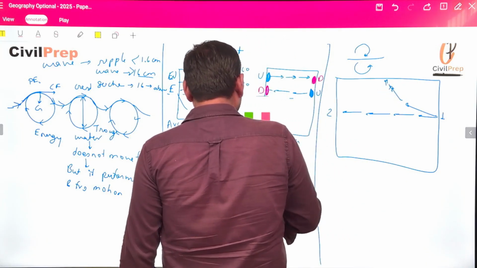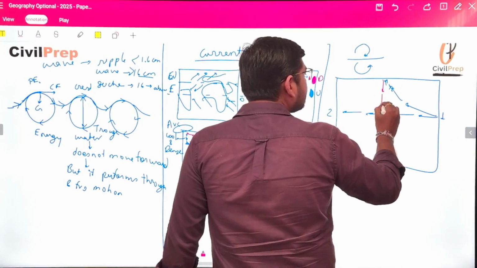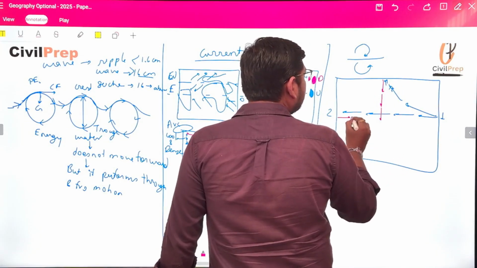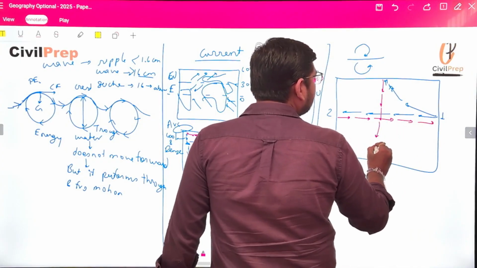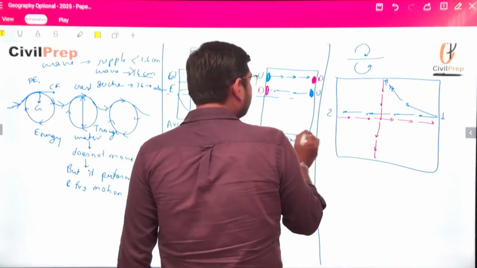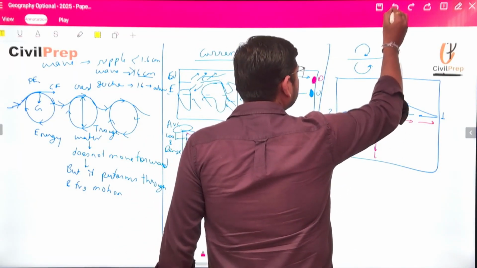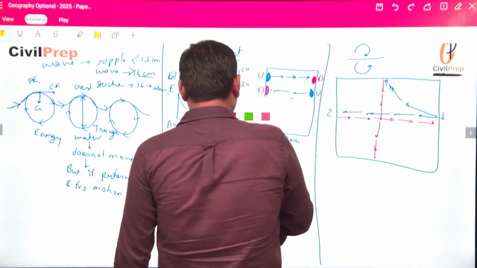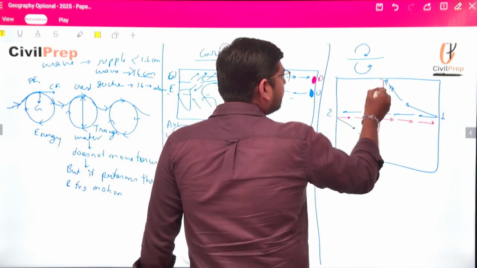But after reaching this point, the waves will again get deflected. And in this case, the wave will again move in two other directions. At the same point of time, it will also be deflected here by the Coriolis force.